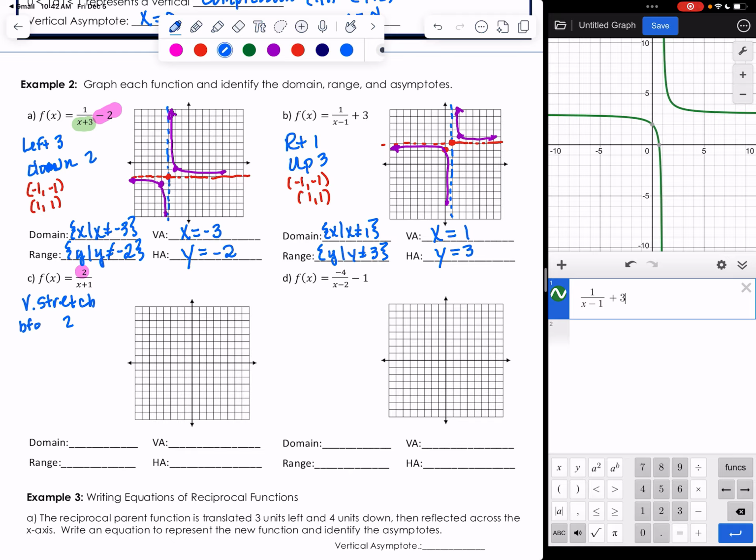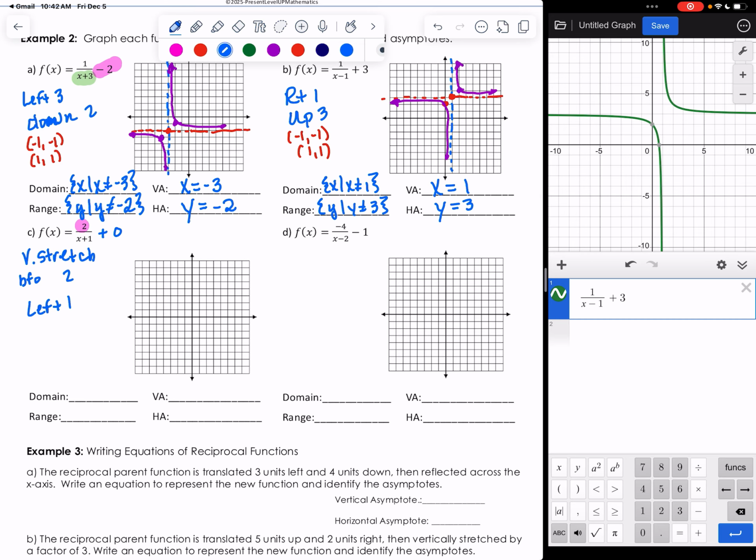I also know it's going to go left 1. Now, to make this a little easier, you might want to put a plus 0 out to the side. So 2 over x plus 1 plus 0. So my vertical asymptote is going to be x equals negative 1. My horizontal asymptote is going to be y equals 0 because that's the value of d.